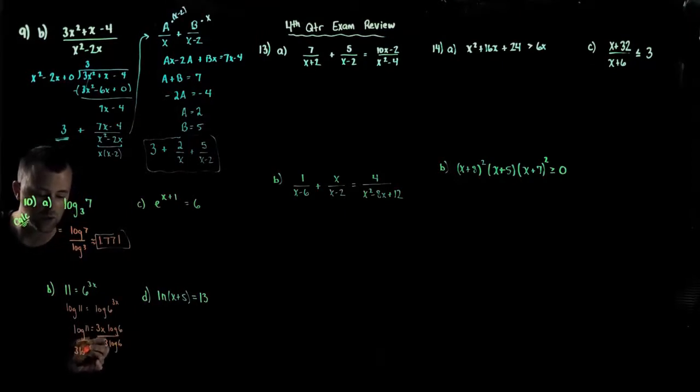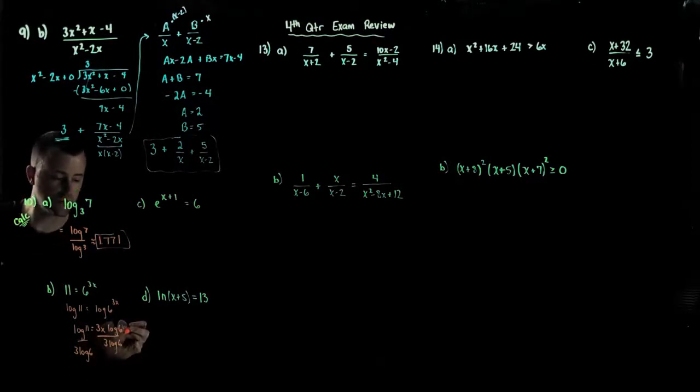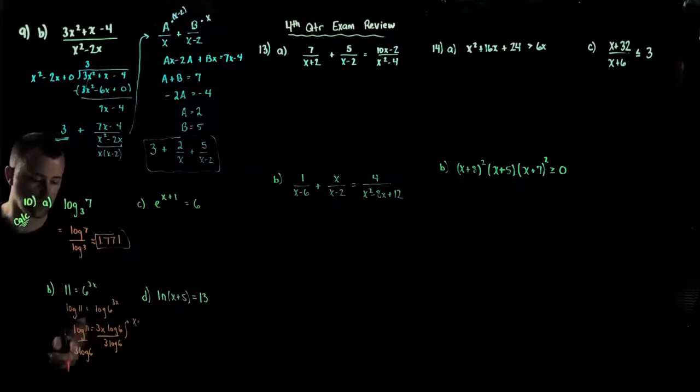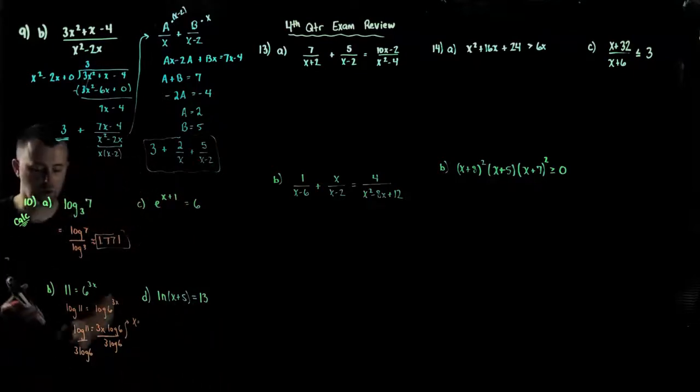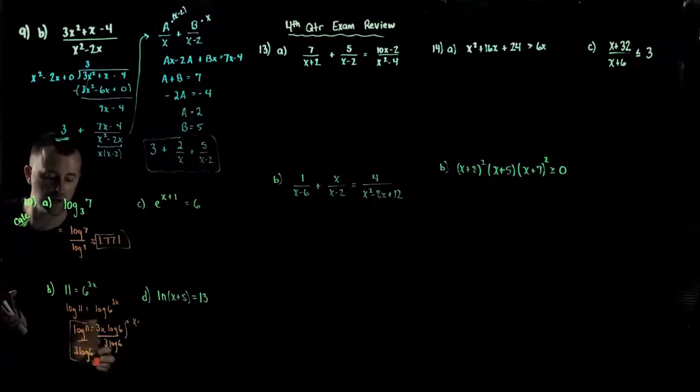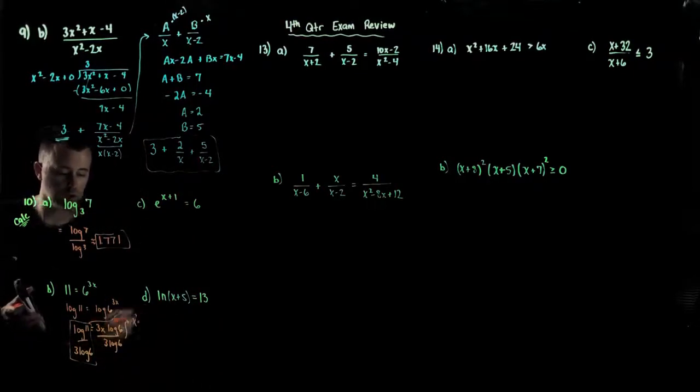Remember, we have our calculators. Or if you don't have your calculator, you just write that answer as log 11 over 3 log 6, or log of 6 cubed if you want to multiply that out. But here I'm going to use my calculator. I'm just going to type in that number. Again, I'm typing in this right here. So that's what gets plugged in.